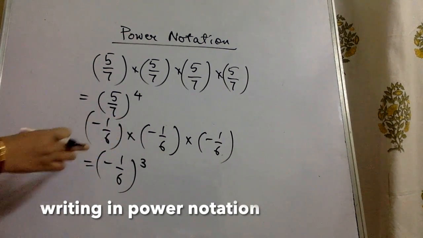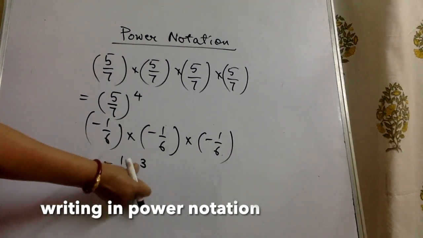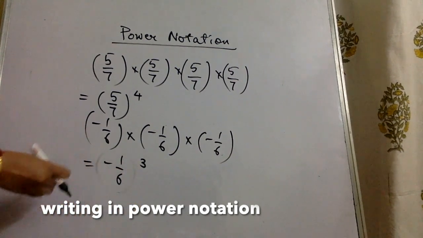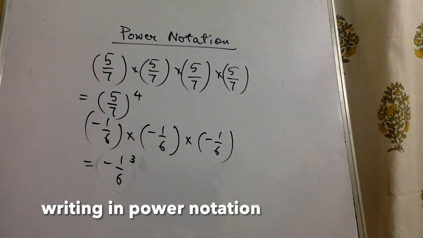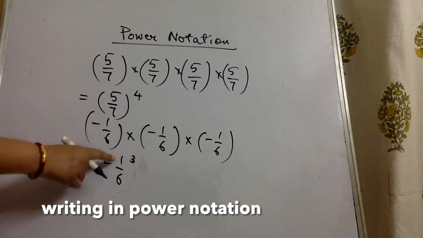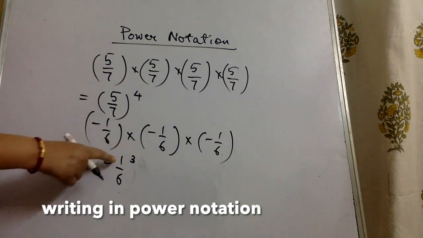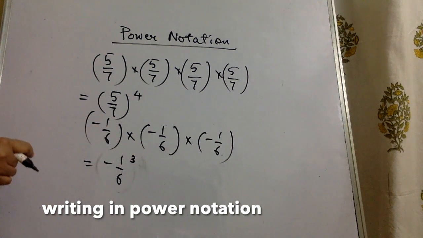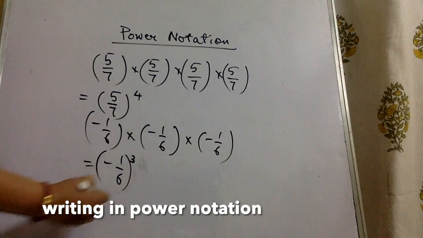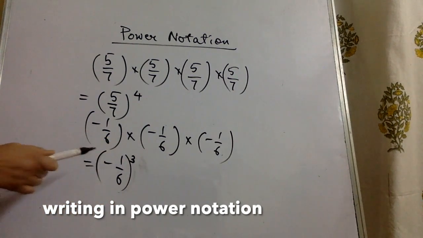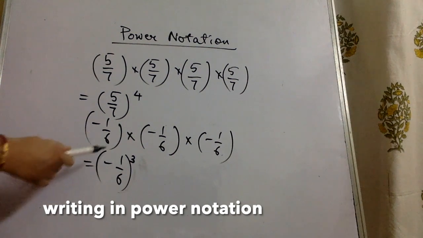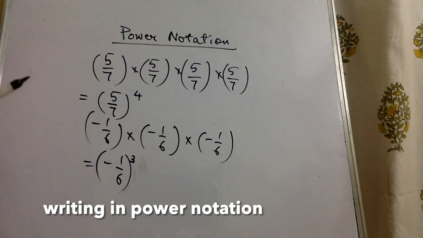Now suppose you are not putting the bracket, let me erase the bracket, and by mistake you just write it like this and write the 3 here. You know what it means? It means that the power 3 is meant only for the 1. When we put the brackets, the power 3 is meant for the 1, it is meant for the 6, and it is also meant for the minus sign.